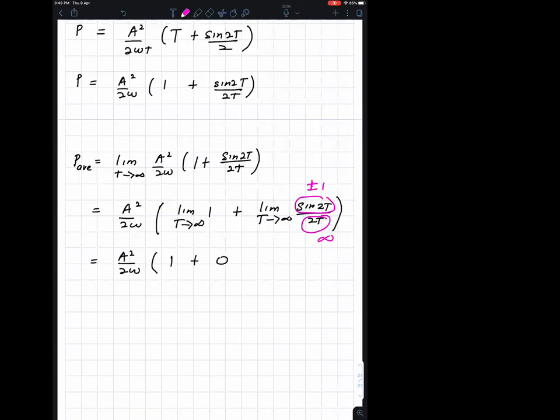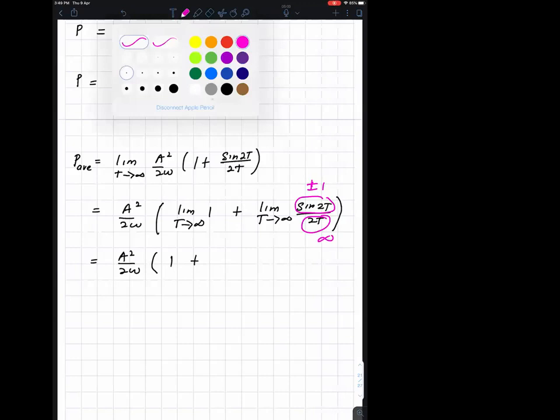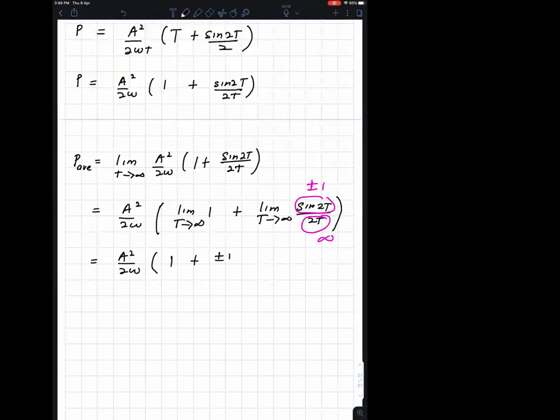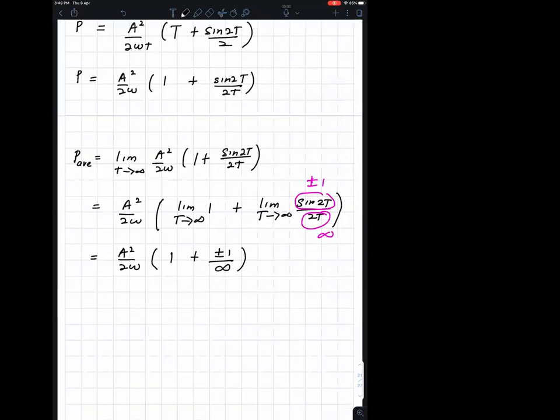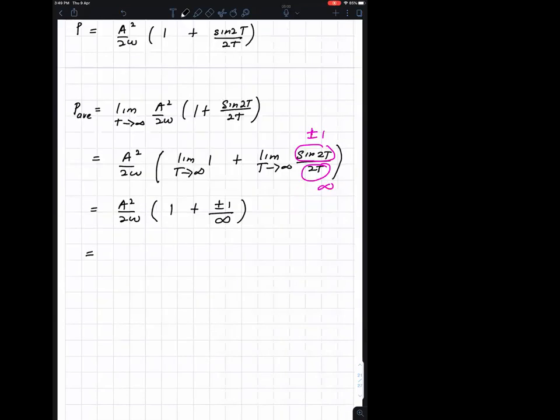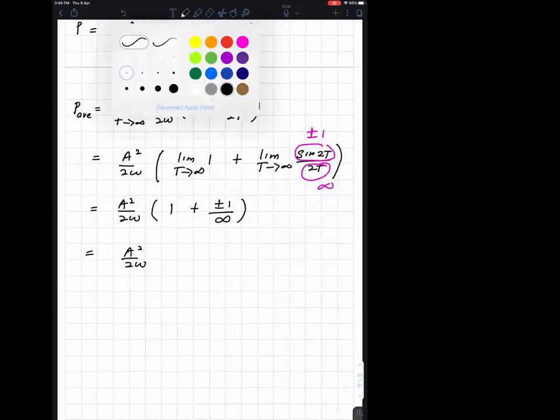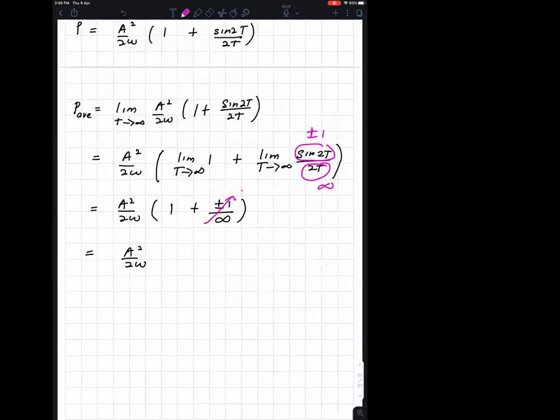So division by infinity, plus or minus 1 divided by infinity, is going to be 0.